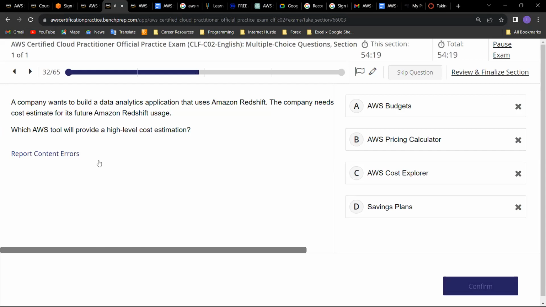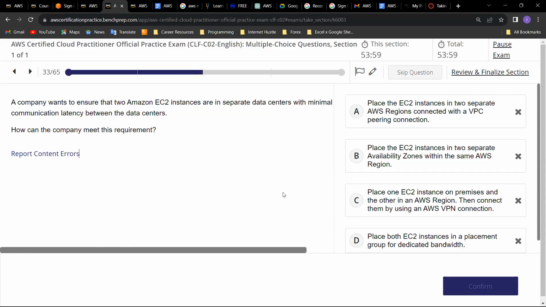Which AWS tool will provide a high level cost estimation? Okay. So be move.